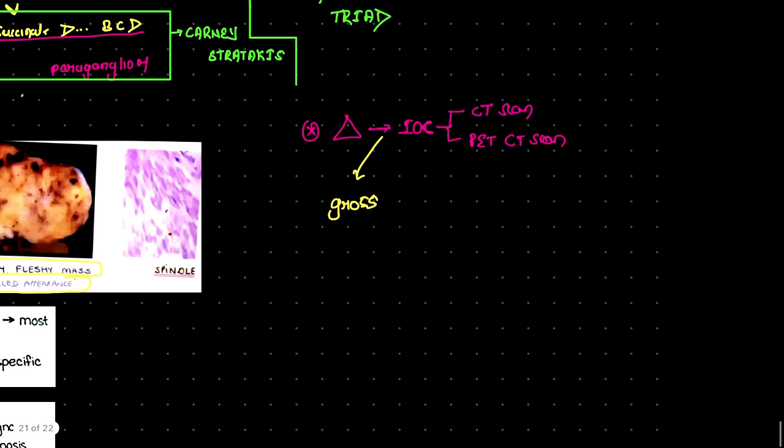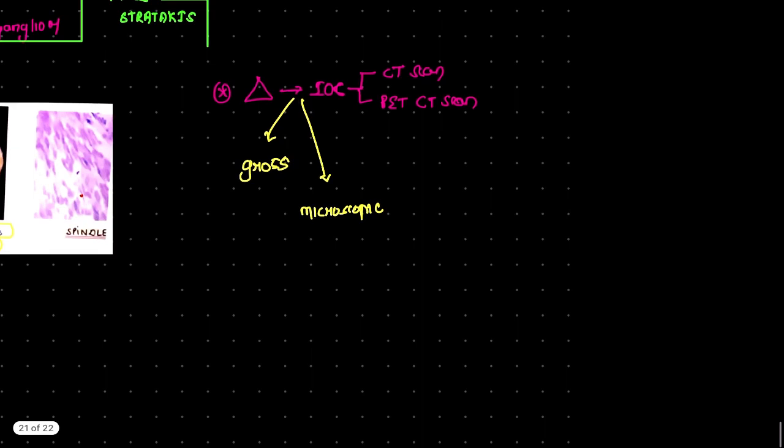Now moving toward another condition, we will have microscopic examination. Talking about microscopic examination, we'll find three kinds of cells. One is epithelioid cells.